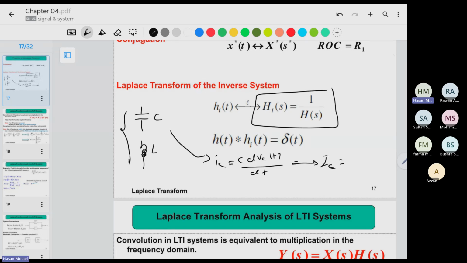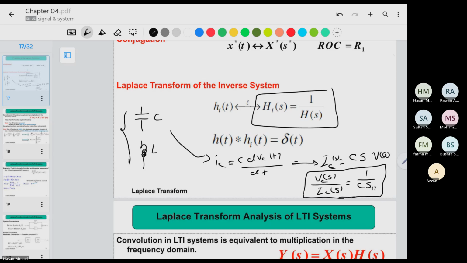IC would be, yes, which means Vs over, we call it the impedance.